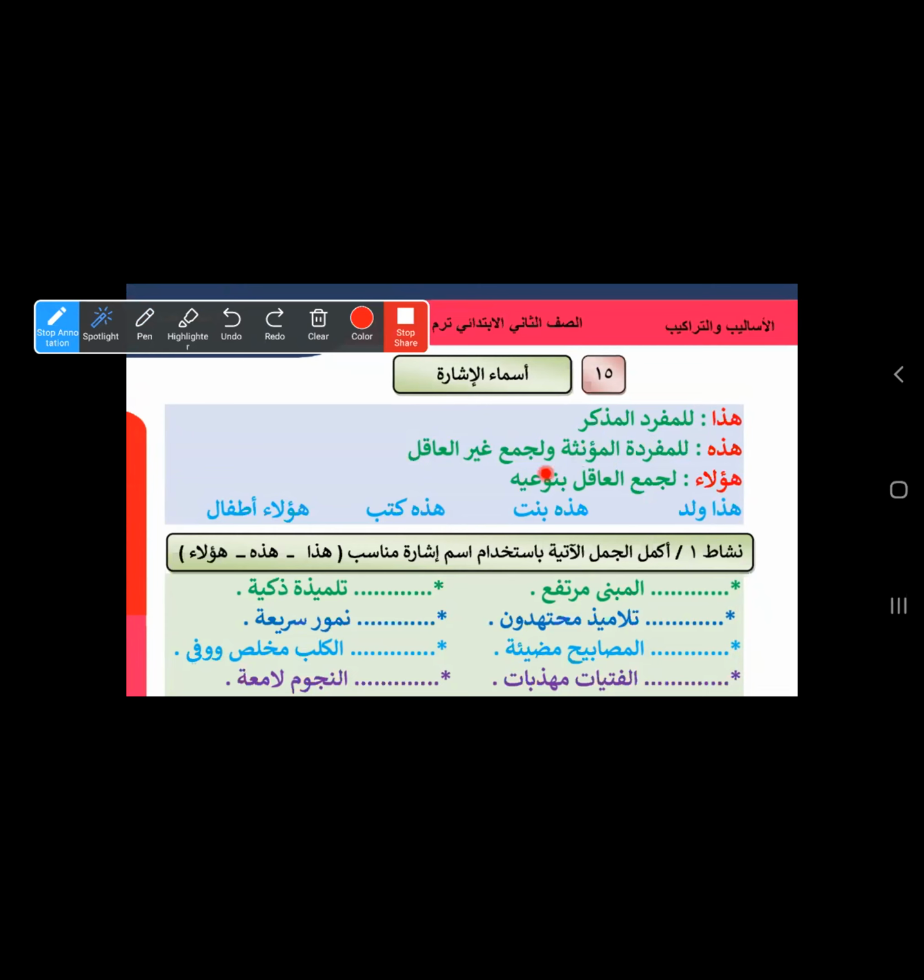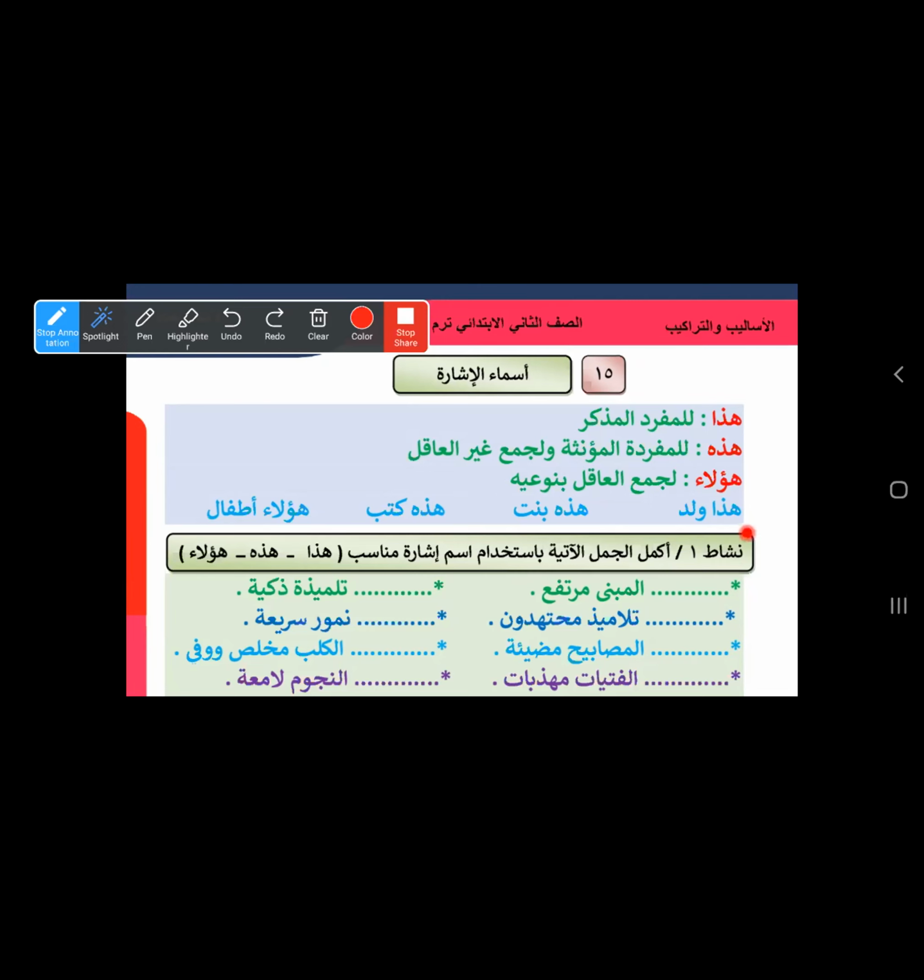And also لجمع غير العاقل, for the plural of non-person. غير عاقل, the one who doesn't think. تمام؟ It's called like that. غير العاقل. هؤلاء لجمع العاقل بنوعيه, for the persons, human beings, it's two kinds, male and female.